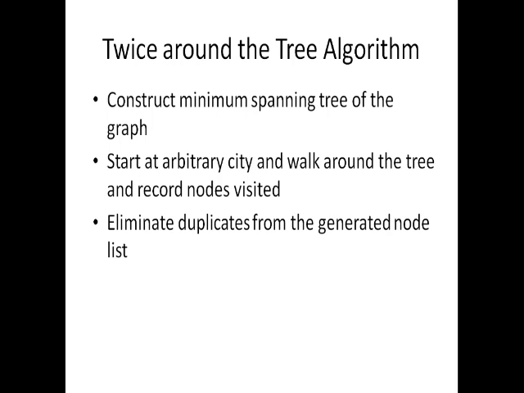Next is the twice around the tree algorithm. Here we are going to construct a minimum spanning tree as we have seen in the previous unit. We construct a minimum spanning tree, start at an arbitrary node and walk around the tree. Eliminate the duplicates from the generated node list. We have seen Prim's algorithm and Kruskal's algorithm, and how to construct a minimum spanning tree.